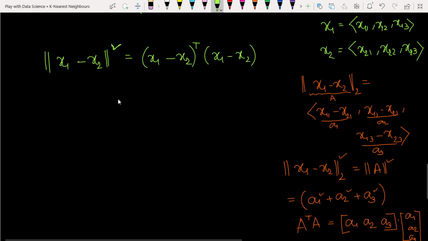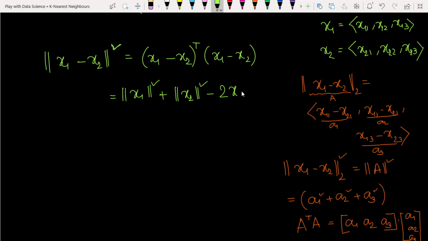So let's calculate this. If we calculate the transpose of this value with this value, what do we get? First, norm of x1 square plus norm of x2 square minus 2 times x1 transpose x2.